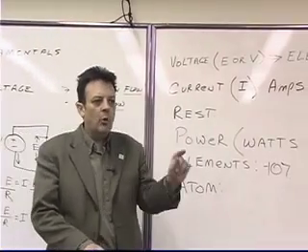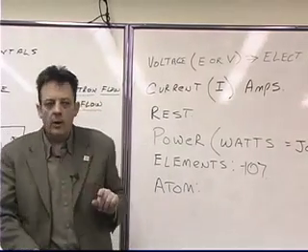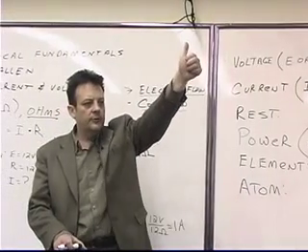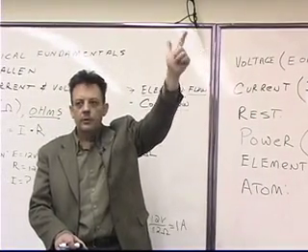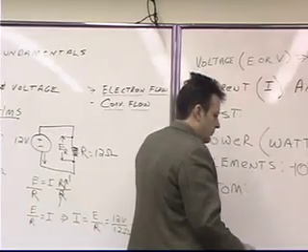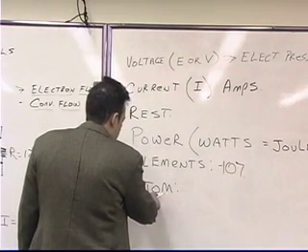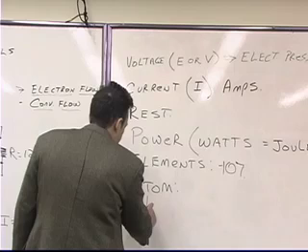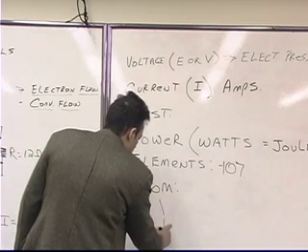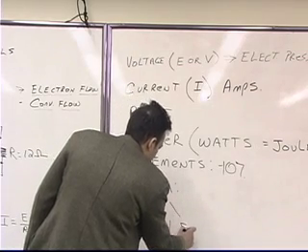If we use the Bohr model of the atom, the Bohr model tells us that atoms are made up of protons, electrons, neutrons. Okay? So, in an atom, it turns out that we have protons, neutrons, and electrons.